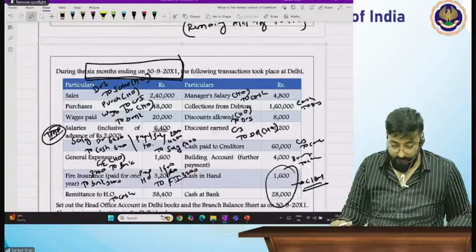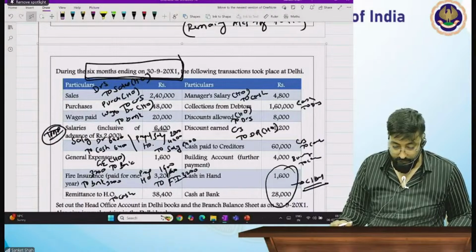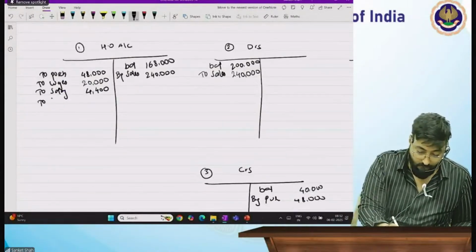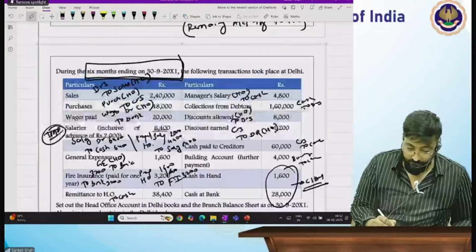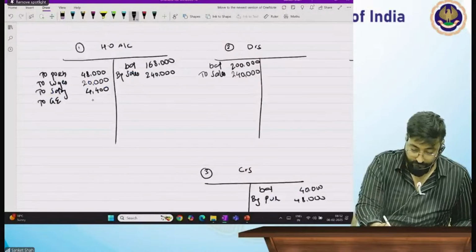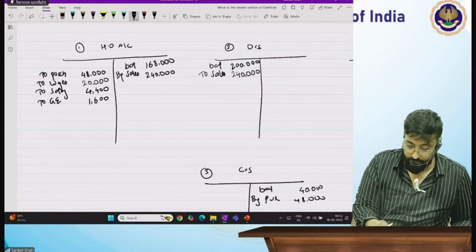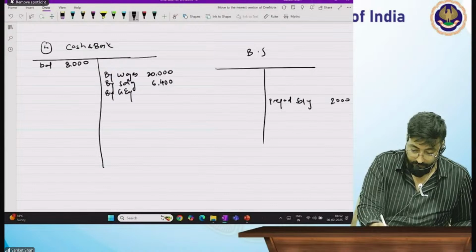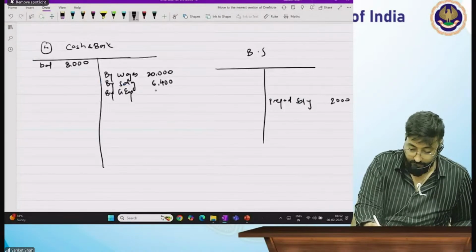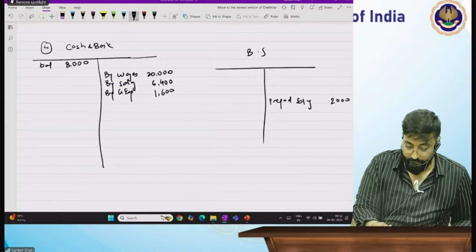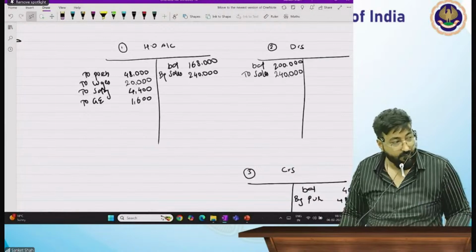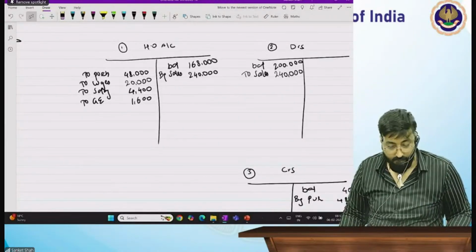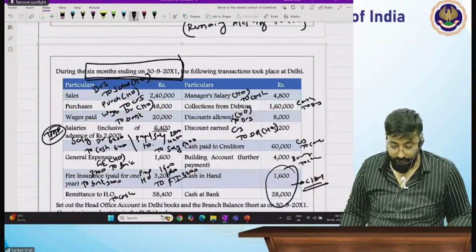Next. General expenses, sir. To general expenses 1,600. Sir, cash by general expenses 1,600. Next. Sir, fire insurance, to fire insurance.